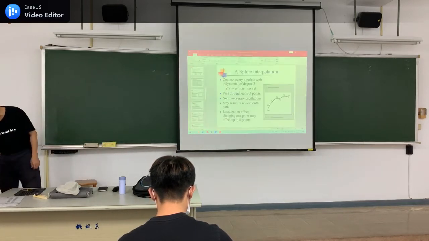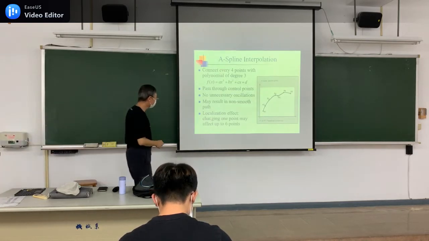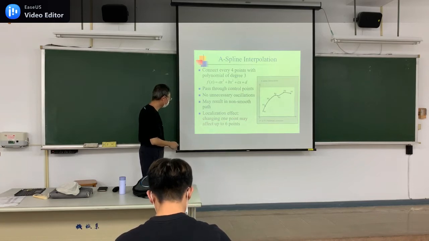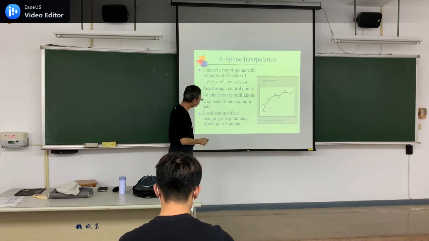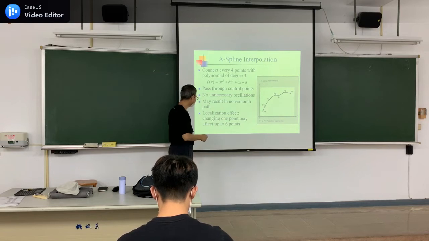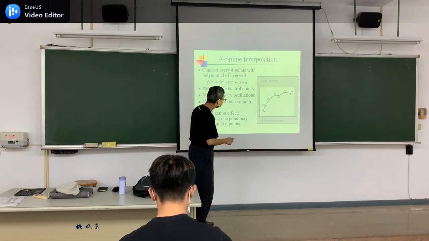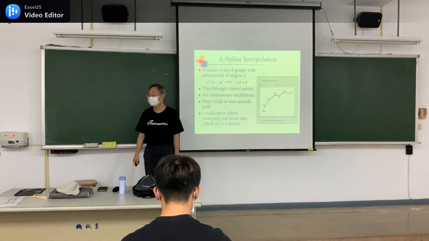This is why we say you change 1 point, it may affect up to 6 points. You change this point, it will affect the previous 3 points and the following 3 points. If you change other point, it will affect only 3 points. Okay. This is a so-called localization effect. In other words, it will not affect others. It will affect up to only the neighborhood.